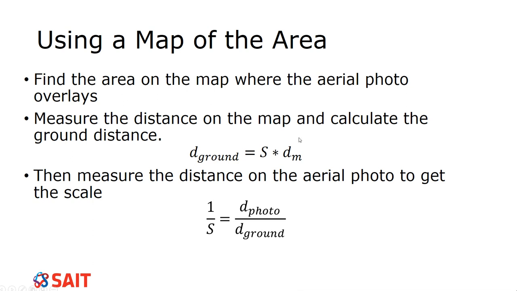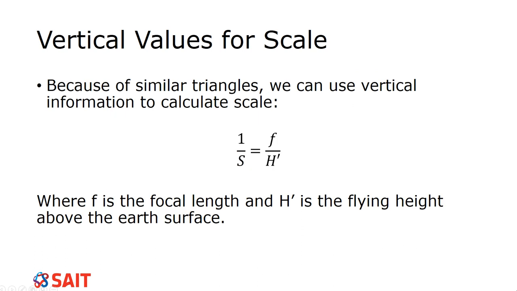So we have 1 over s equals dm over dg for the map. And we try to calculate dg, which is the ground distance, because we don't know it on the ground. And then we measure the distance on the aerial photo to get the scale. So take that ground measurement. It's going to be the exact same whether you use the map to calculate it or you use the photo. So this is the same. We can measure this on the photo, and then we can calculate s by doing that. You guys have done that before. That should look very familiar.